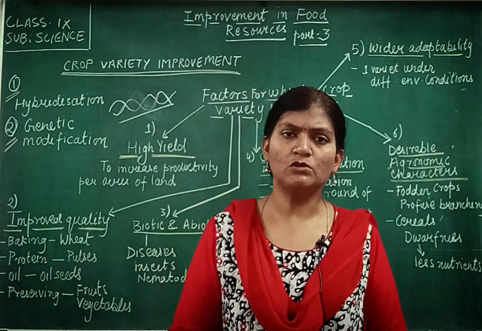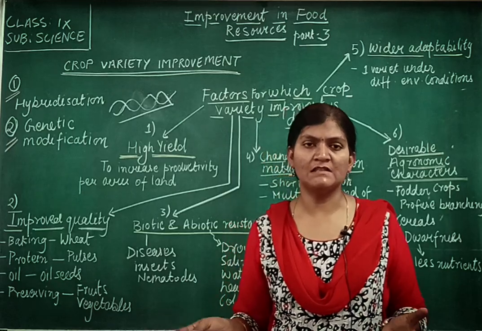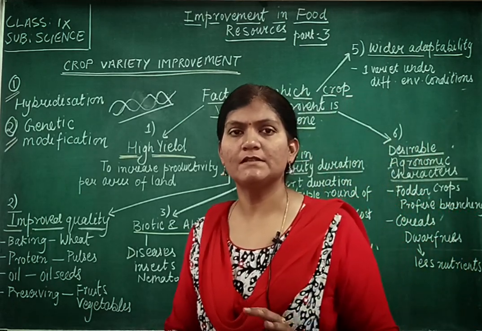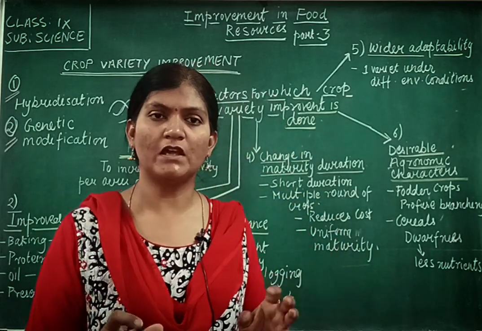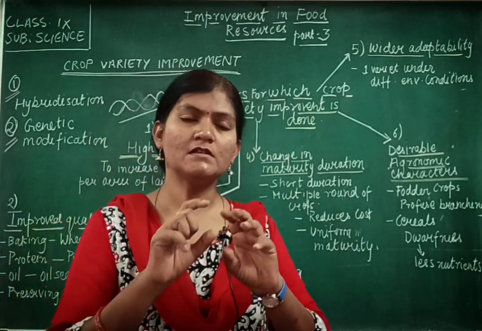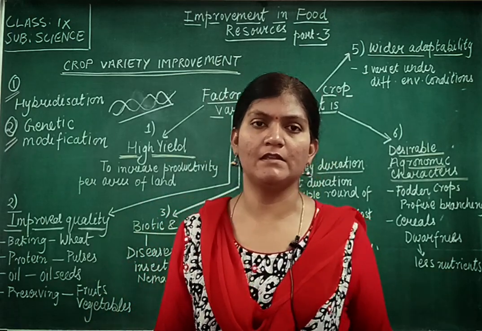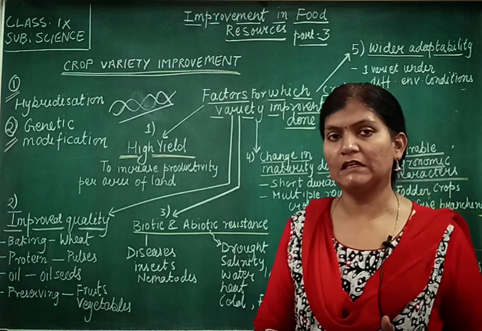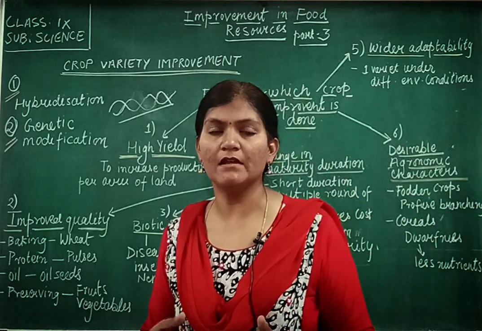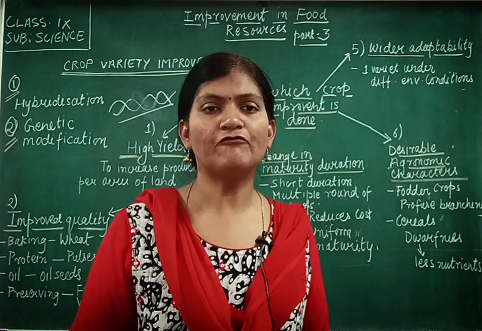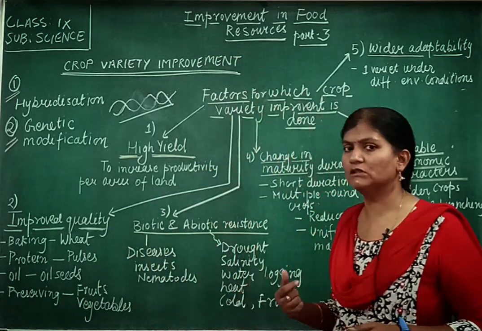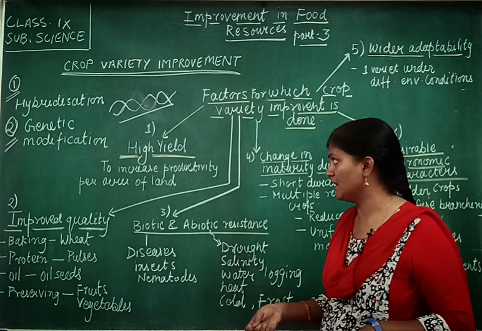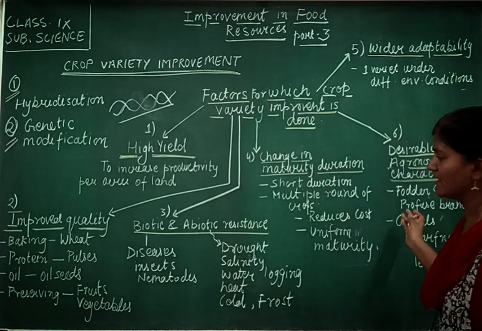I know you may have a variety of answers in your mind, and they are right also. Let us try to get the answer in the form of certain headings, because there are many factors which directly or indirectly influence the crop and its production. The factors for which crop variety improvement is done, we have 6 factors.